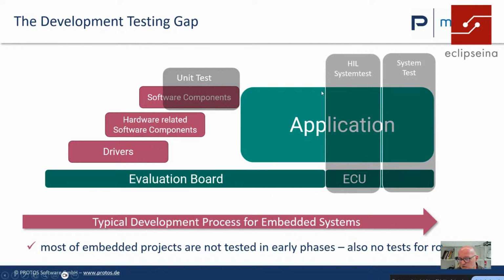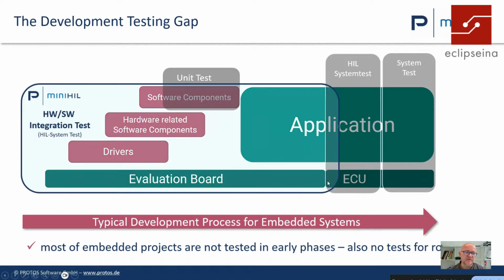And in the end, you might have a big HIL system test, hardware in the loop system test for your complete ECU, or even a big system test. That's something usually you do once, twice, or 3 times over the development process. So a typical time is every couple of months or something like this, because it's very expensive and very late in the process also.